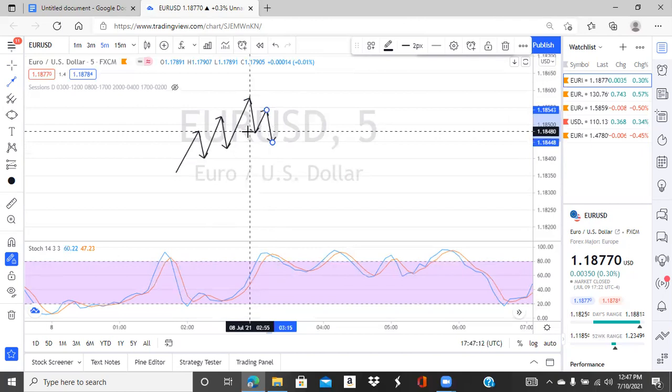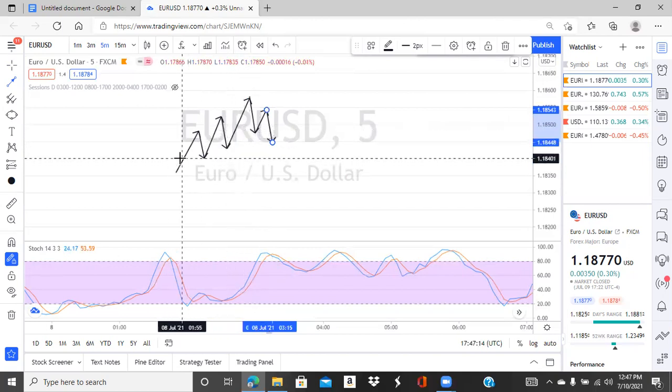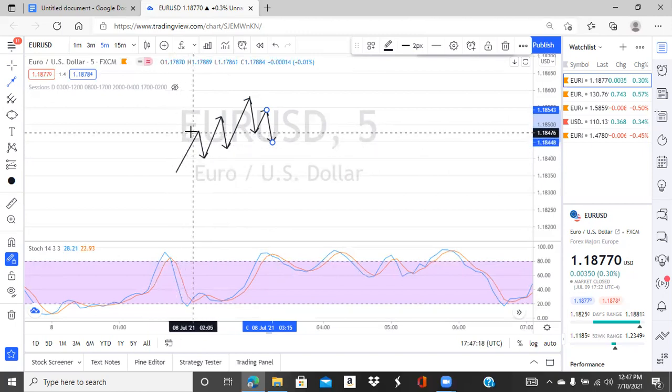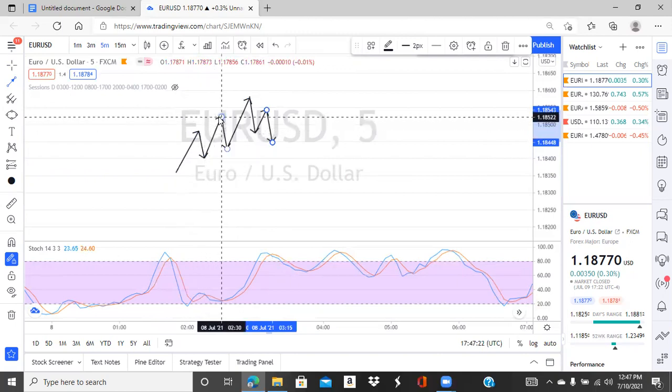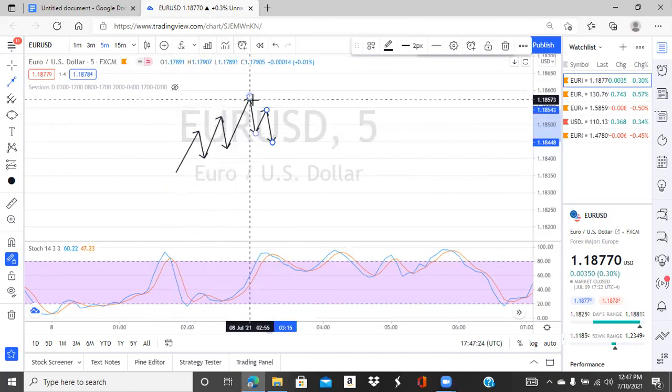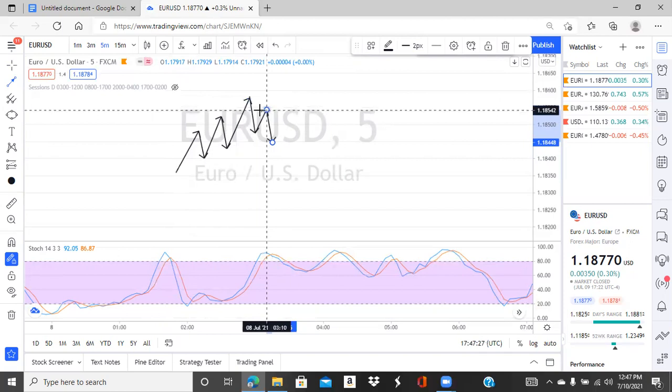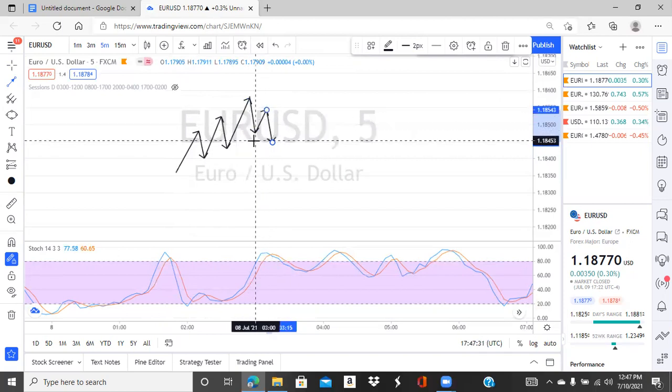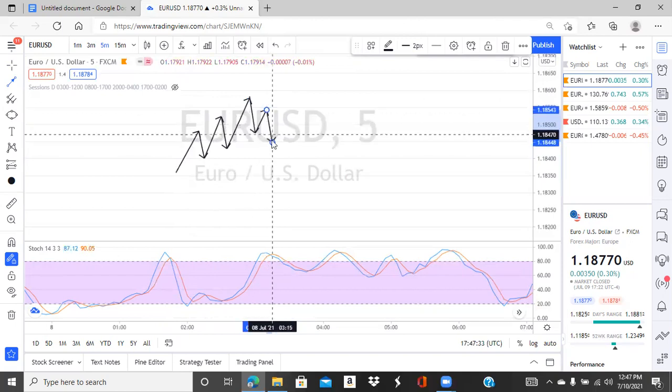All right. Notice that every time we're going up, it's like stairs. There's this low, and then this low is higher, and then this low is higher. Same thing with the highs. There's this high, and then this high is higher, and then this high is higher. So the moment that we create a high that's lower, that's a lower high, and then a low that's lower, that's a lower low. The moment we see that, we say, okay, this doesn't look like an uptrend anymore.